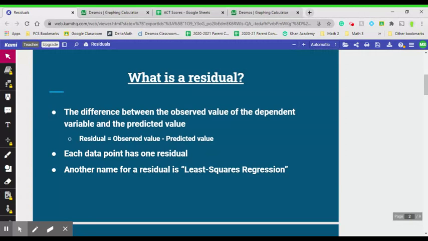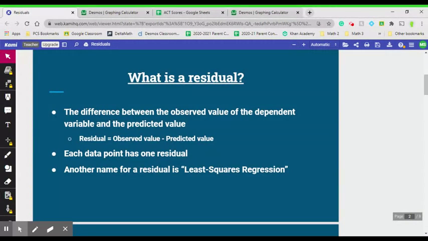So you'd be plotting your original x value and then first plotting, well, what is our predicted y value based on a regression equation? The residual itself is how different was your original y value to the y value you get from your regression equation?